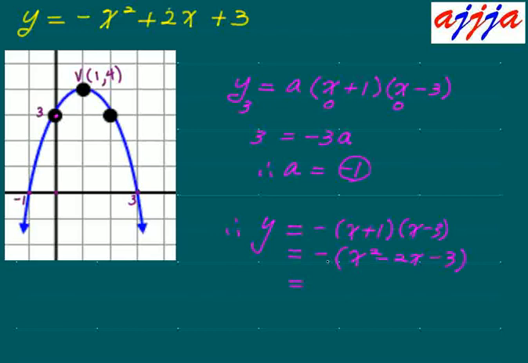All we have to do is plug this negative in. So negative x squared, then positive 2x, then positive 3. Are they the same? Oh, that's right. Look at this, on the top: negative x squared plus 2x plus 3. Exactly identical. Fantastic.